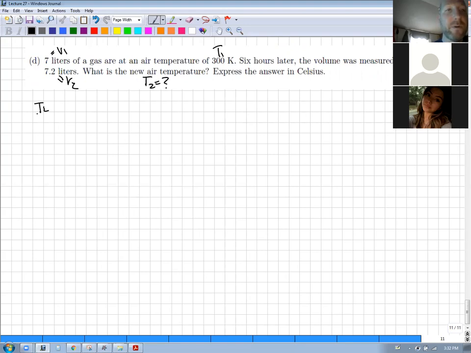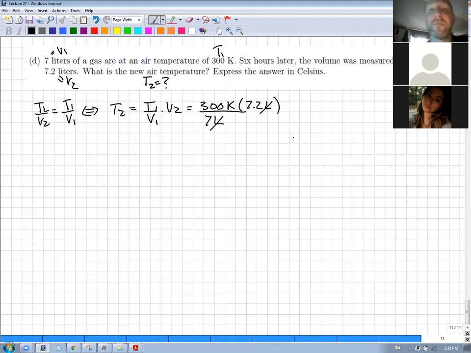So T2 over V2 is T1 over V1. So T2 is T1 over V1 times V2. T1 was 300 Kelvin. V1 is 7 liters, and V2 is 7.2 liters.